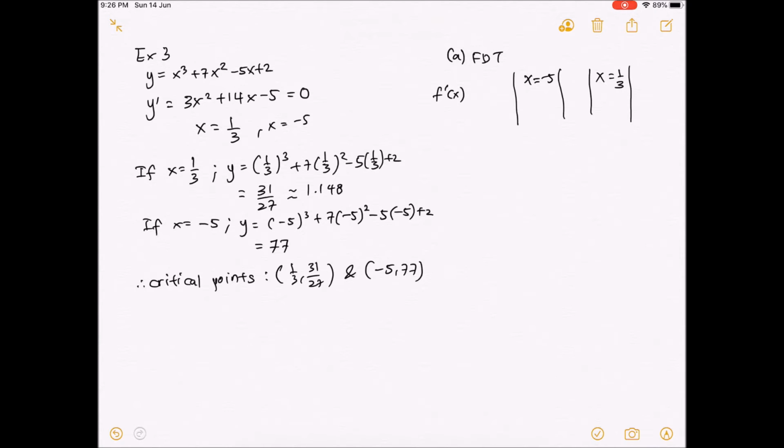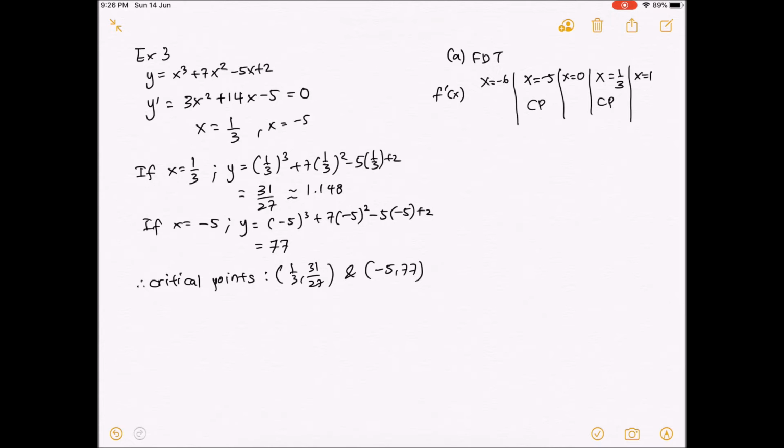You can choose any point actually, it's up to you. Let's say I choose x equals negative 6 here, x equals 0 here, it's easier, and then x equals 1 here, it's easy. So this is the critical point, this is also the critical point.